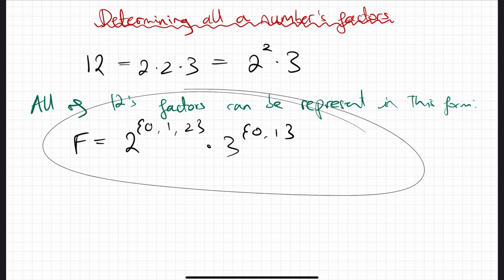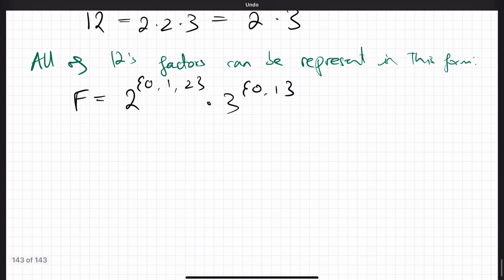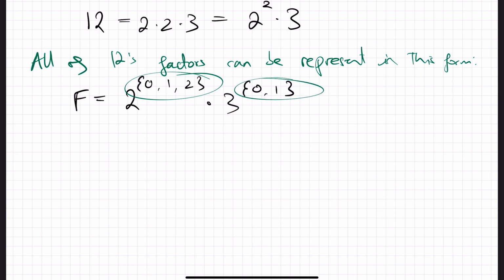And you can see that if we just pick a number for the powers, so let's just say we pick 1 and 0, this is the generic form of any of 12's factors, and using these combinations we can generate all of the factors of 12.